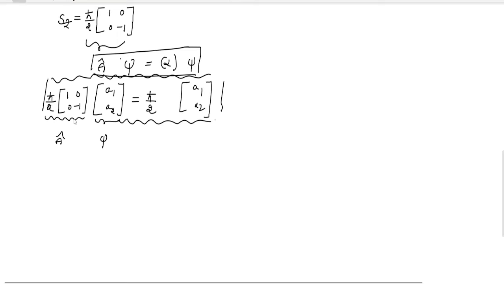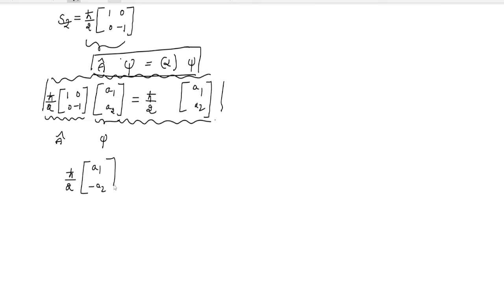Now I'm going to apply this on the function. When the operator is applied on this ket function, we get some value. Let us see: h cross divided by 2, after applying this, we get A1, minus A2, equal to 1 divided by 2 h cross, A1 and A2.